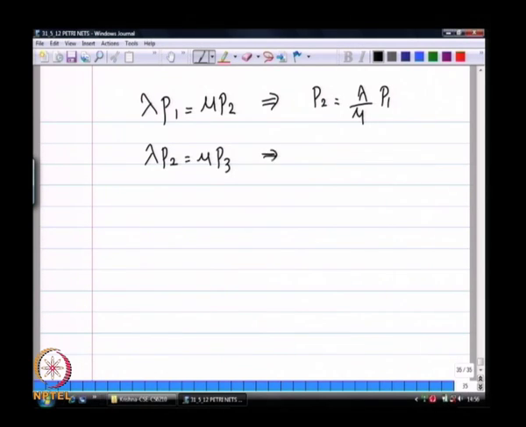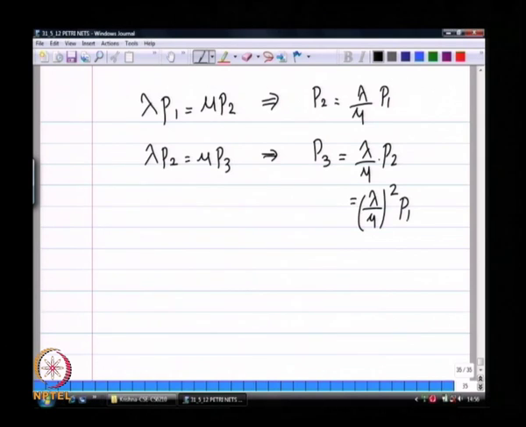So what will that give me? P3 equals lambda by mu into P2, which is lambda by mu squared into P1. So I have expressed P2 and P3 in terms of P1. Now how will I solve and get the values for P1, P2 and P3?